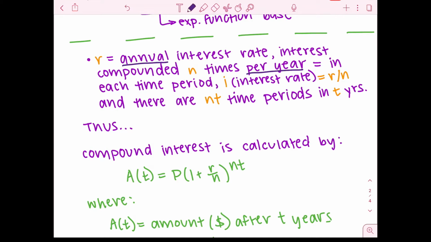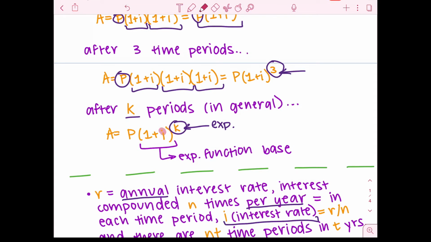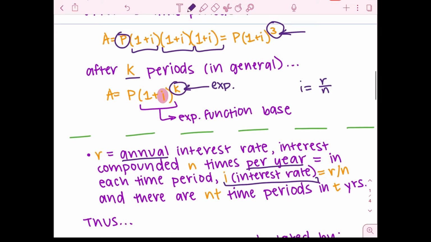Anyways, this would mean that in each time period, I, so our total interest rate, is equal to the annual interest rate divided by the amount of times our interest is being compounded. So if we look back up here, we have our variable I in this case. Now we're going to be replacing I with R divided by N. And remember, R is the annual interest rate, so yearly interest rate.